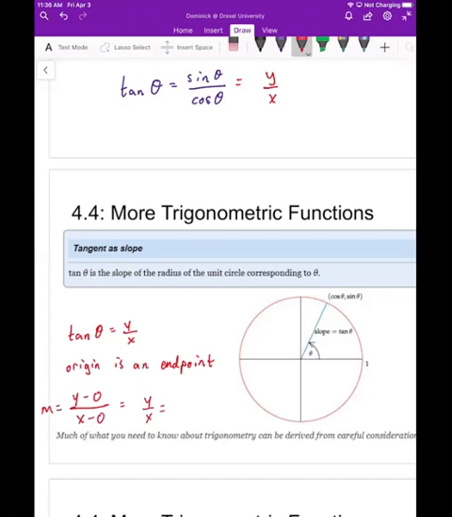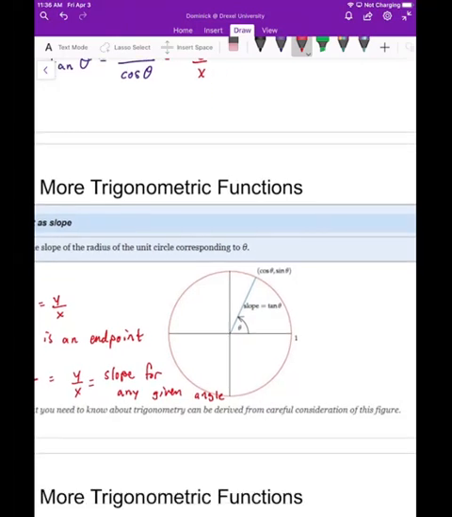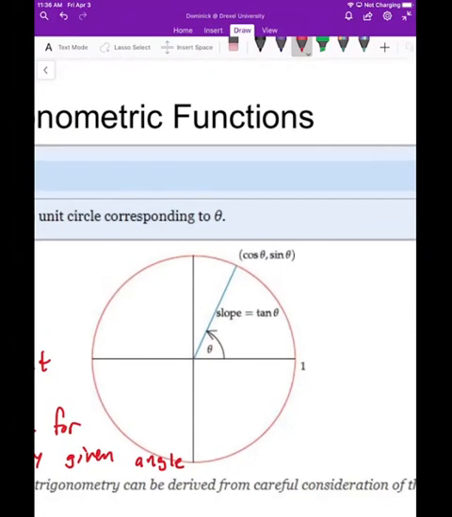So it's the slope for any given angle. Okay, so this is how we can define tangent in another way using our sine and cosine. So by this figure here.